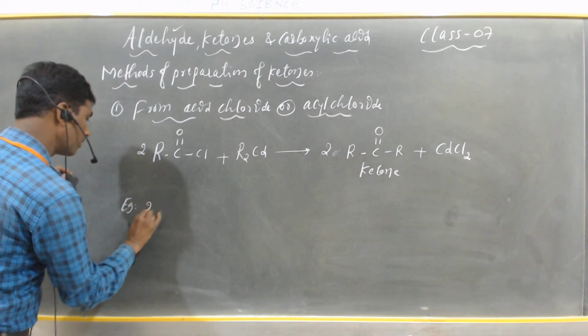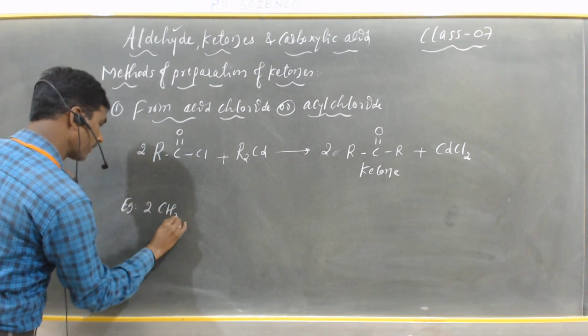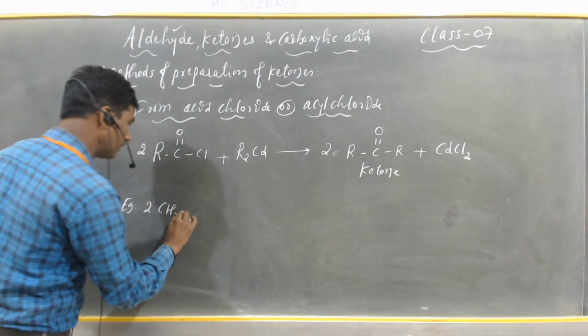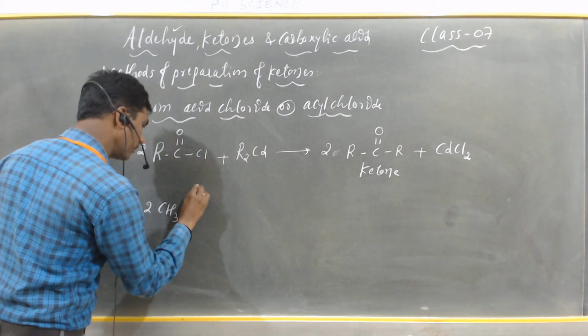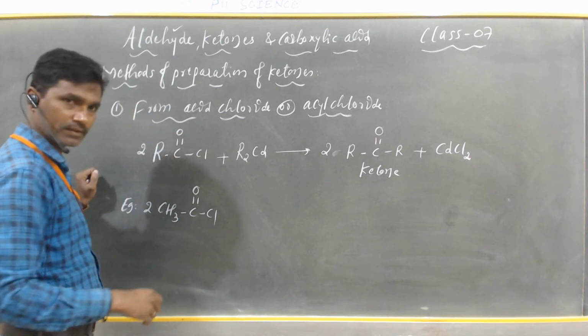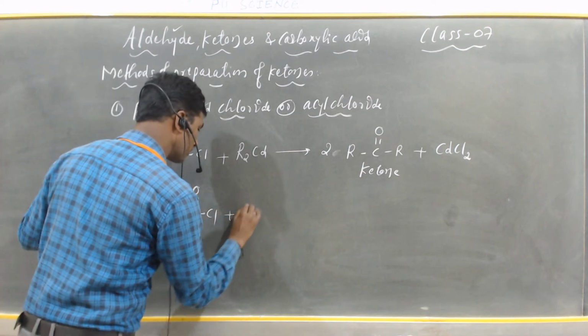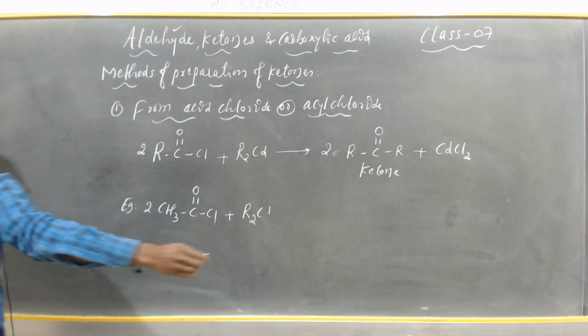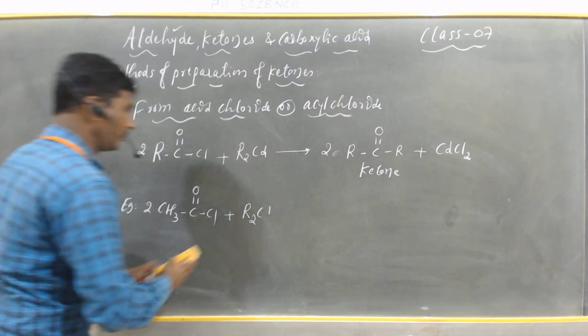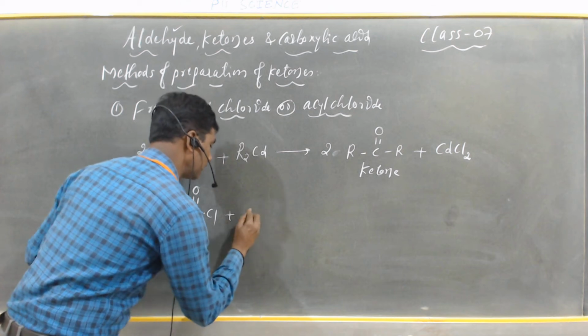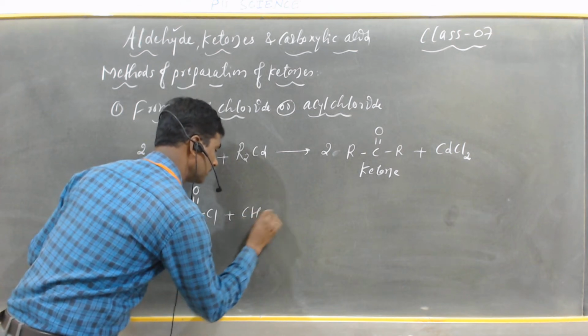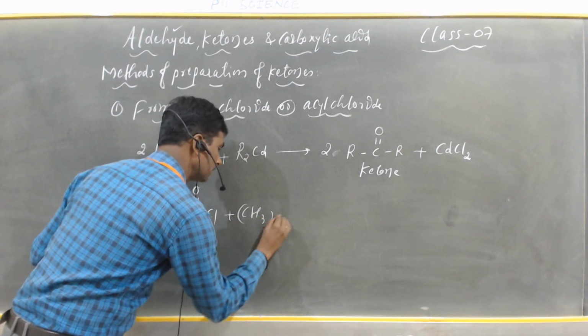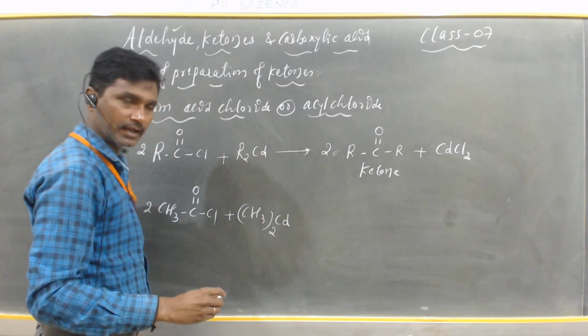Here I can take an example. R I can take as CH3. Now it is CH3 C double bond O Cl, plus dialkyl cadmium. Dialkyl cadmium means R2, so you have to take the alkyl group, that is CH3, twice.